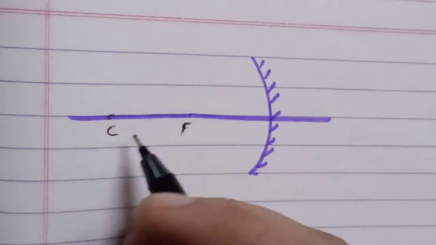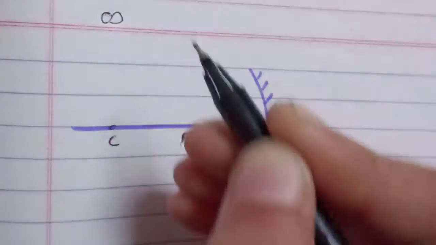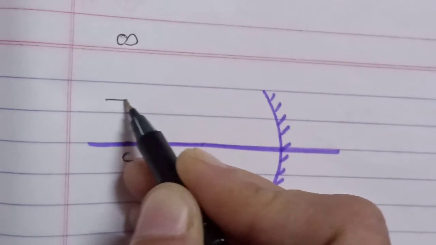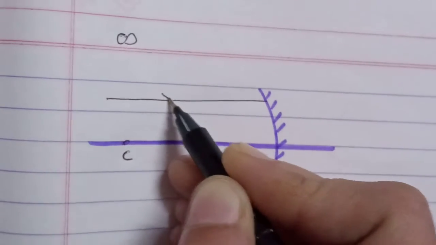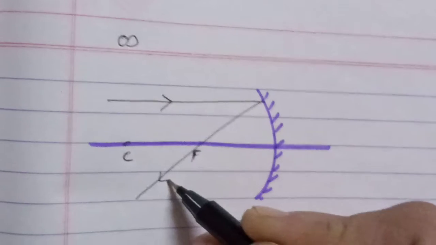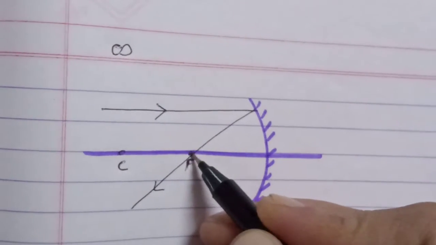So the first condition is when the object is placed at infinity. Okay, the object is placed at infinity. So the image is formed near the focus.